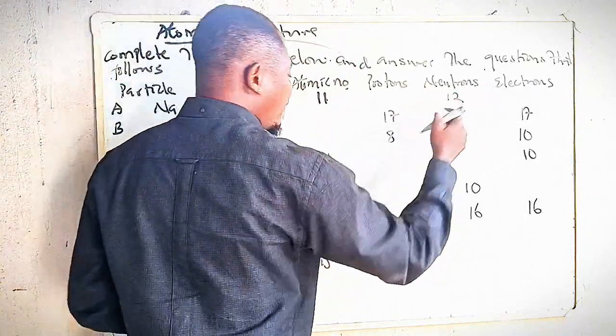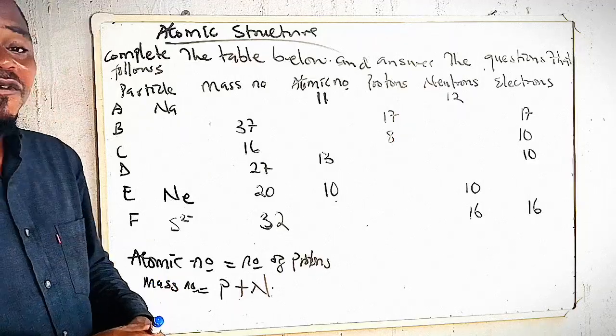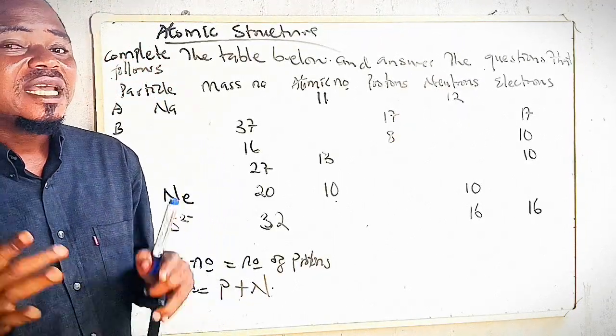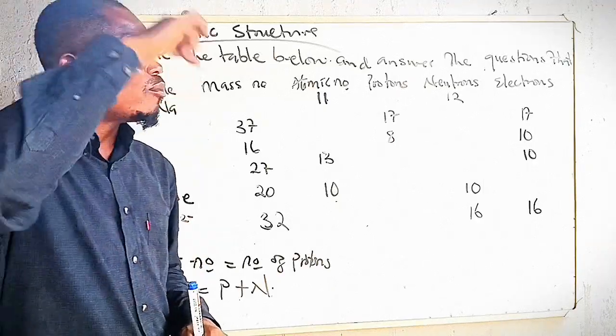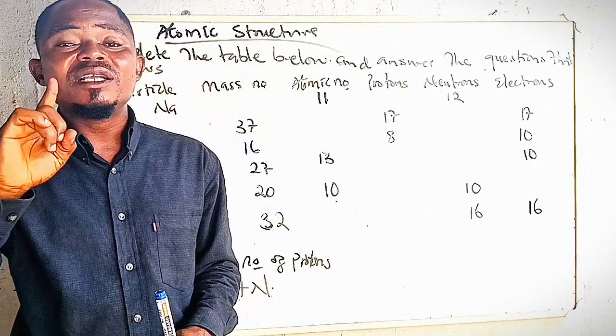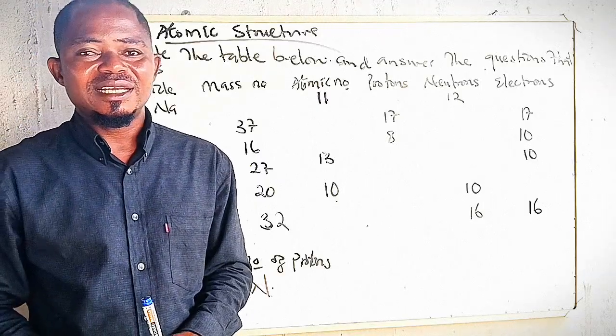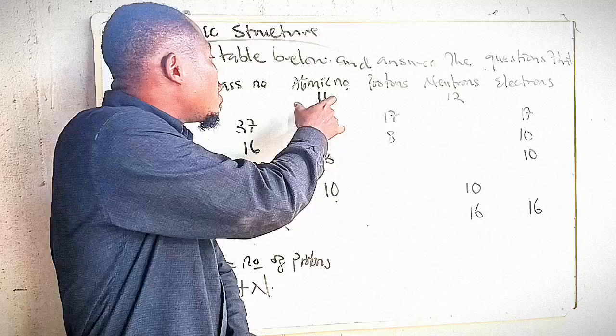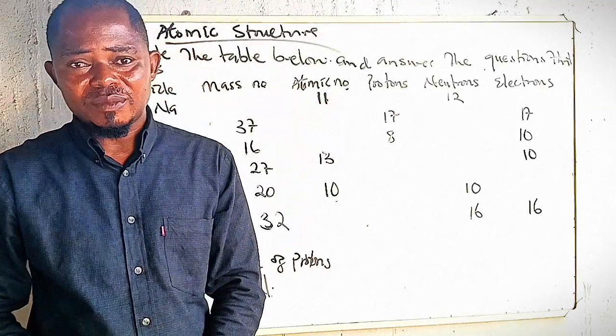Then the last one, the number of electrons in any given neutral atom is always equal to the number of protons in the nucleus. So if you have one proton in the nucleus, it means you have one electron in the what? In the orbit. Meaning that the number of electrons in a neutral atom is always equal to what? The atomic number.